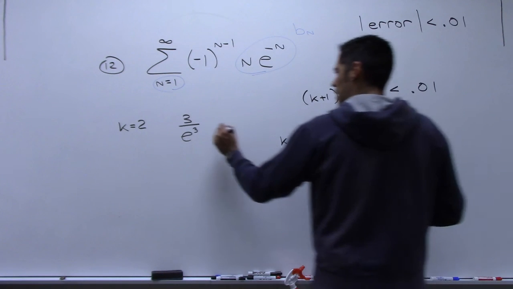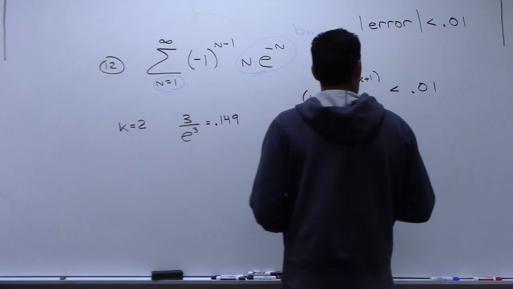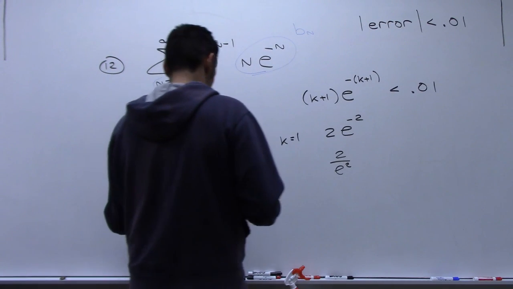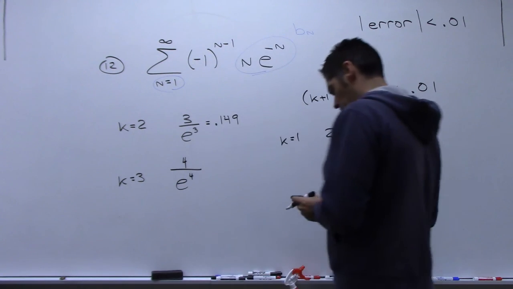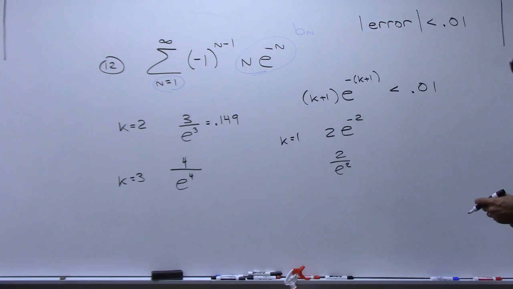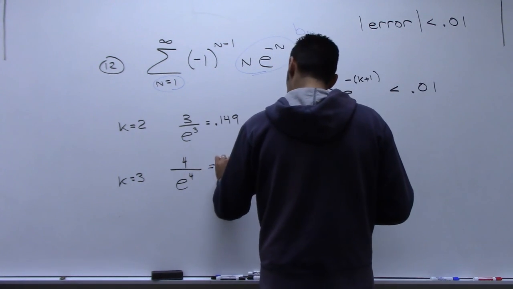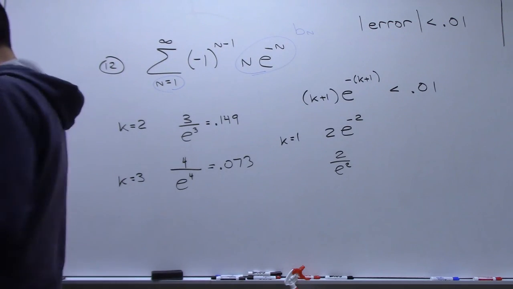All right, I'm getting 0.149. That's not less than that. K is 3. I get 4 over e to the 4th. Still not good enough. This is 0.073.